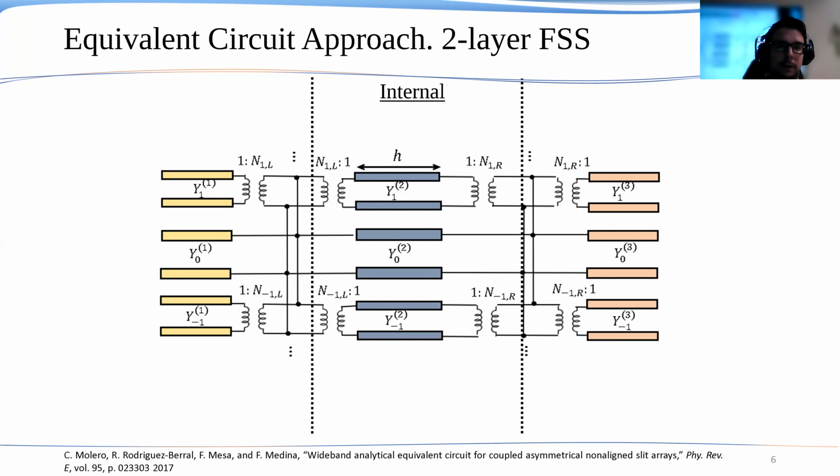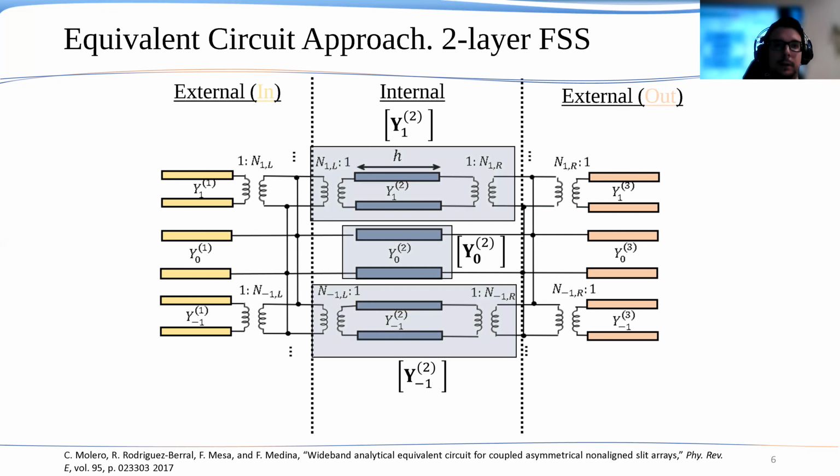In this case, in order to simplify the circuit, we can divide the whole circuit into three different regions, which represent the internal and external regions. We can take advantage of the parallel connections related to the aperture problem, and we can group them together by simply summing the different individual admittance blocks that you can see in this figure.